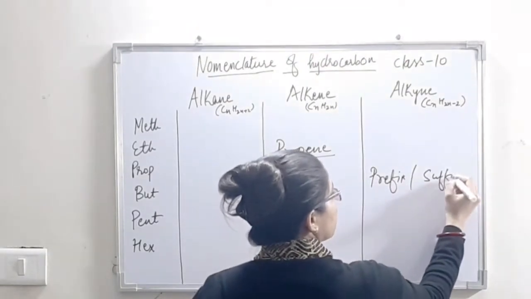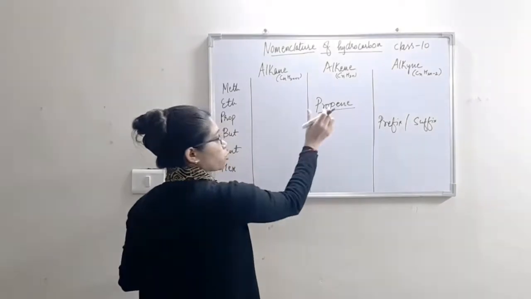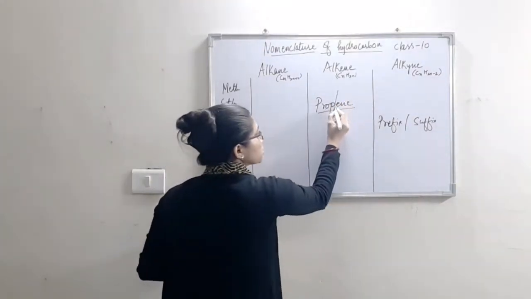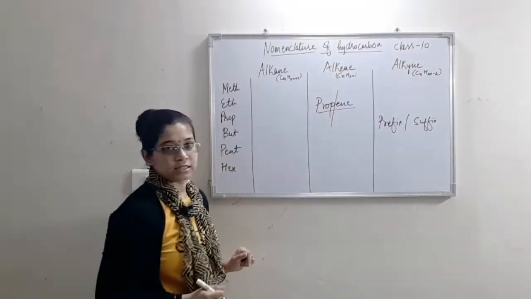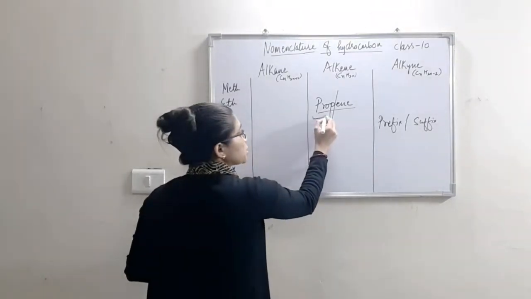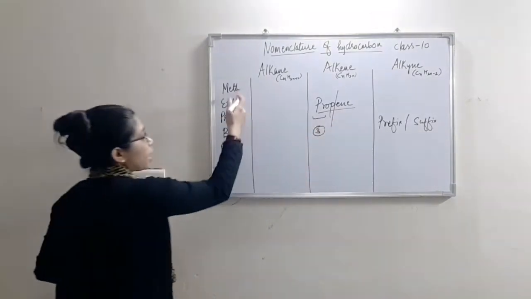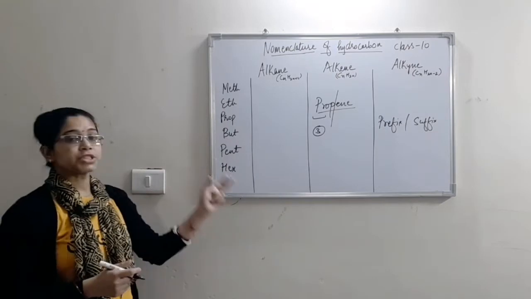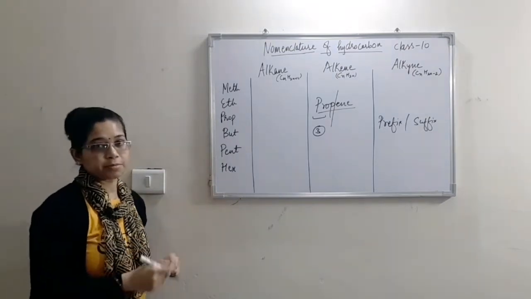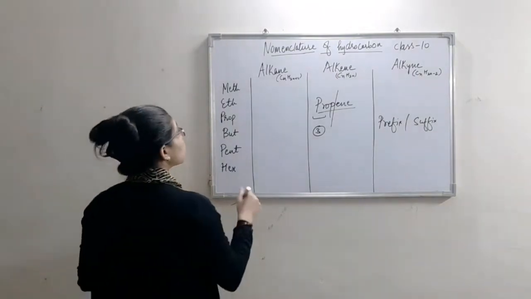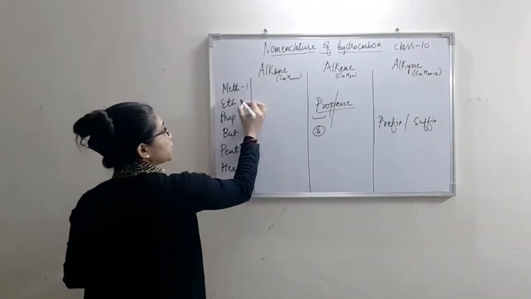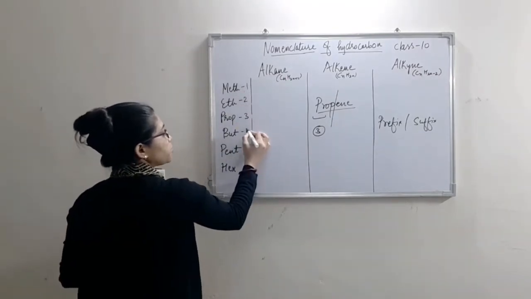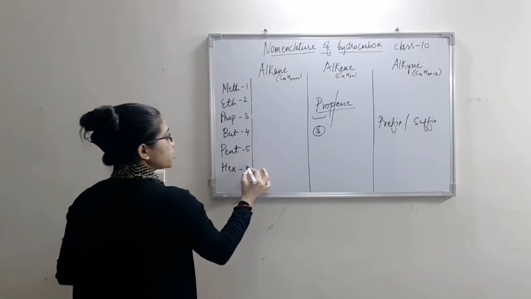If you divide this propene term in two parts, it becomes prop and ene. Now prop means 3. Here I have written the names which describe the number of carbons present in any hydrocarbon or compound. Meth means 1, eth 2, prop 3, but 4, pent 5, hex 6.